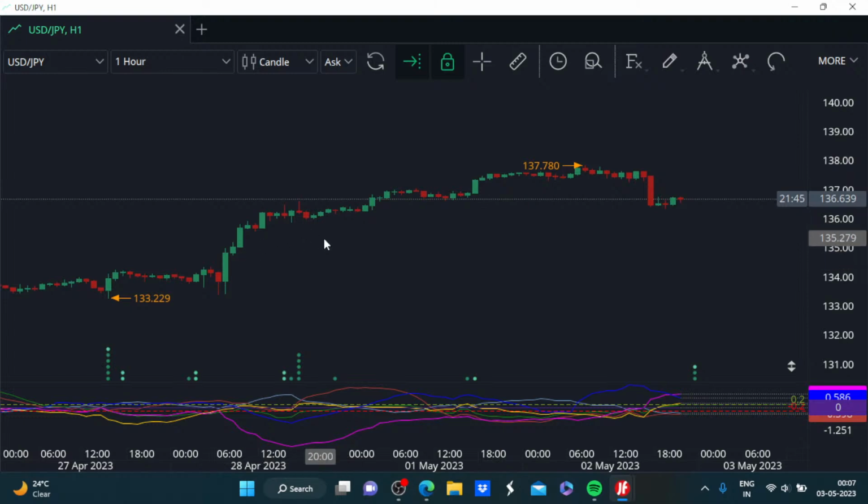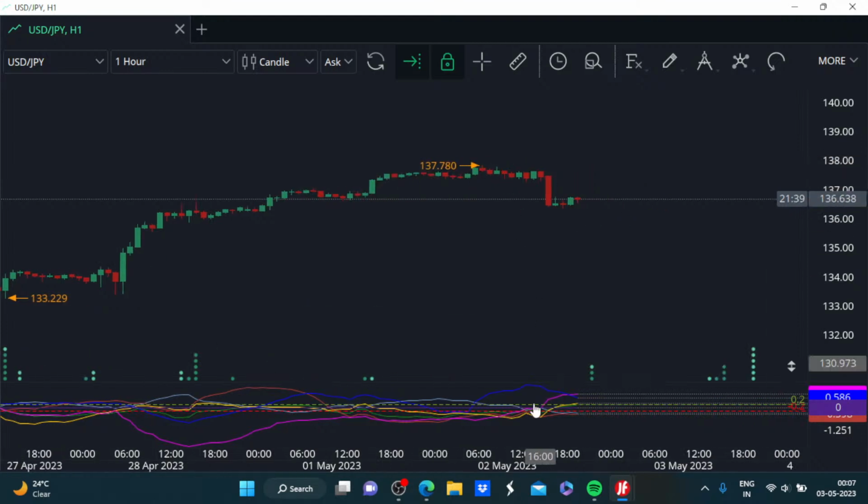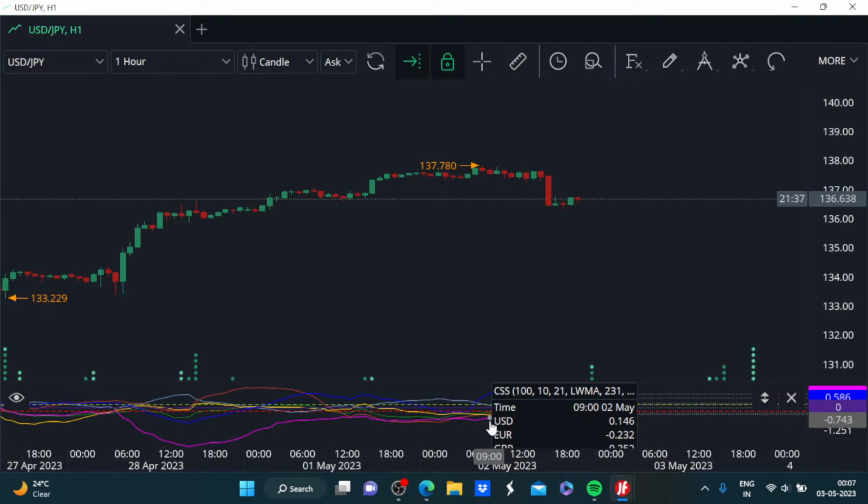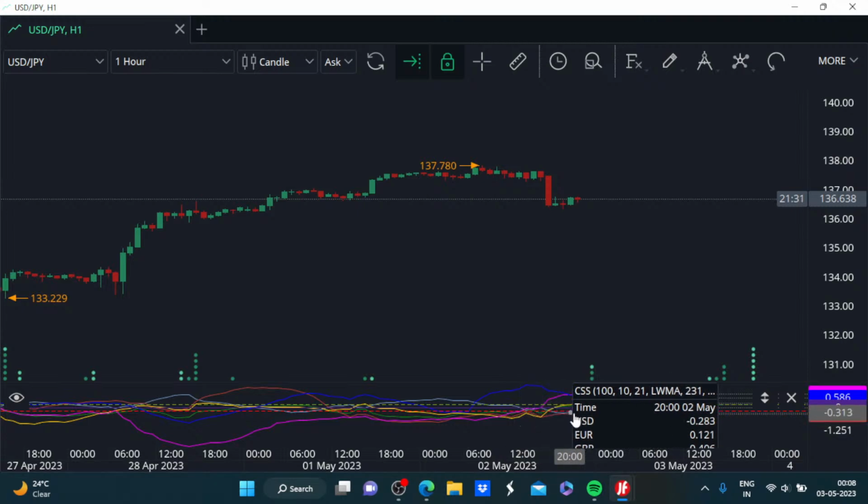Then you would trade cautiously, and if we go to the 2nd May, then here this CSS line for the Japanese yen is now starting to approach zero, and in course of time it then rises above zero.